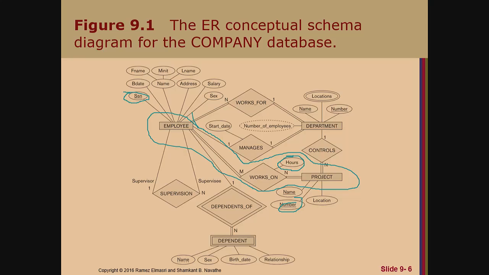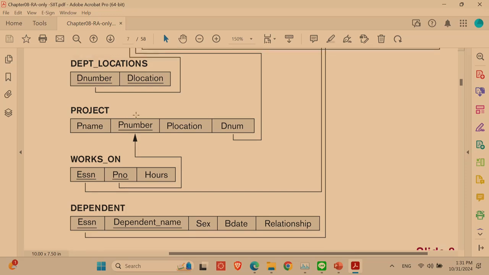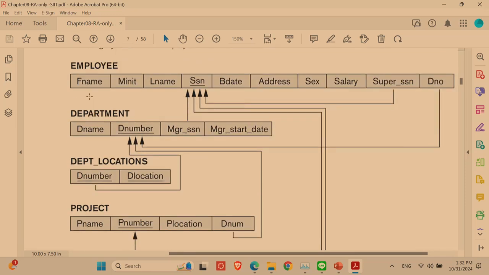So the new table will have SSN and also PNumber combined together as the key to show this relation, and also include the attribute of the relation, that is hours. The result becomes like this, with employee at the top.